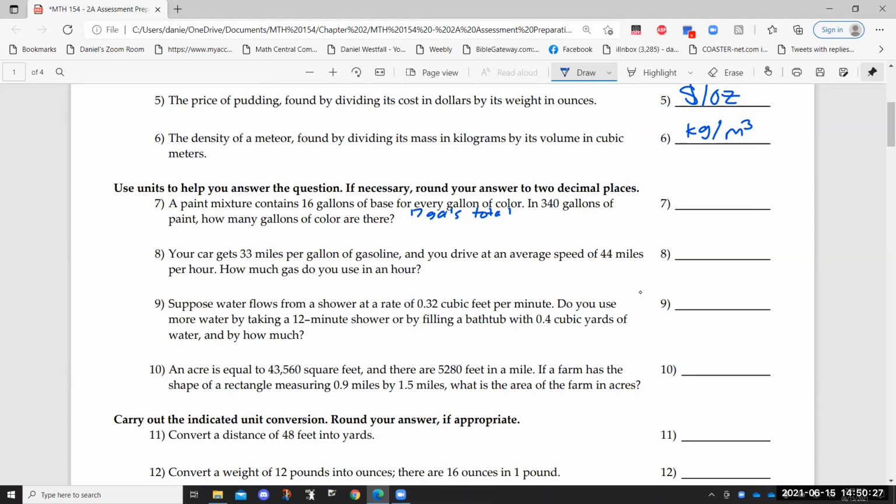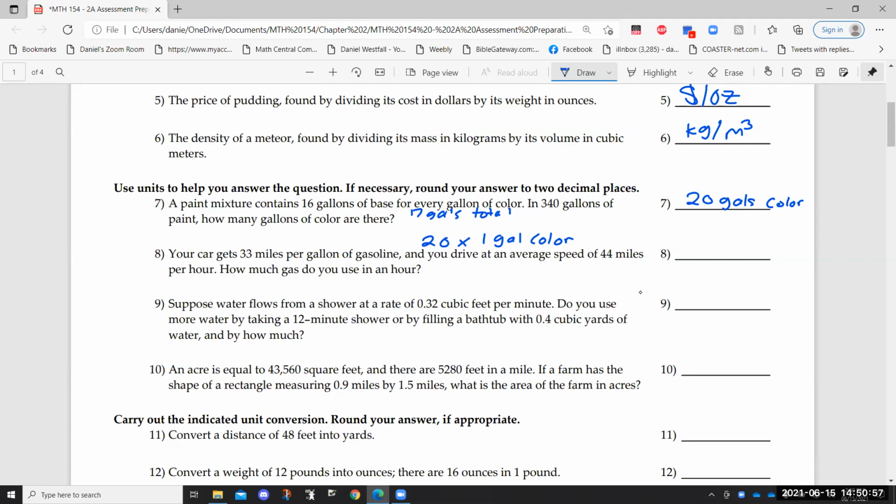Well, we need to see how many of these groups of 17 gallons there are. There's 20 of these mixtures, right? 20 times, and they want gallons of color, so there's 1 gallon of color in each of those mixtures. It's going to be 20 gallons of color.